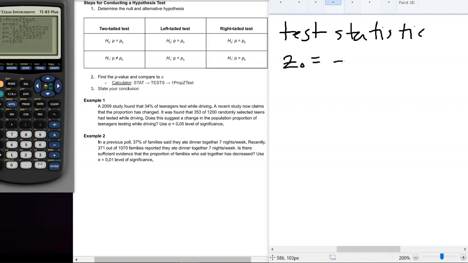We'll type it in as is, negative 1.58. If MyMathLab asks for 2 decimal places or 3 decimal places, we'll proceed however they ask. I'll show you how to use this later. But again, the one of interest for us is the p-value, and we're going to compare that to the alpha.